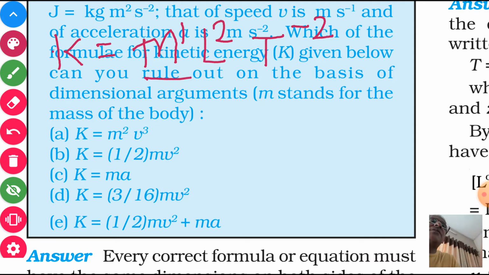These are the dimensions which are fixed for each and every sum, a, b, c, d, e. All the sums have the same dimensions on the left hand side.